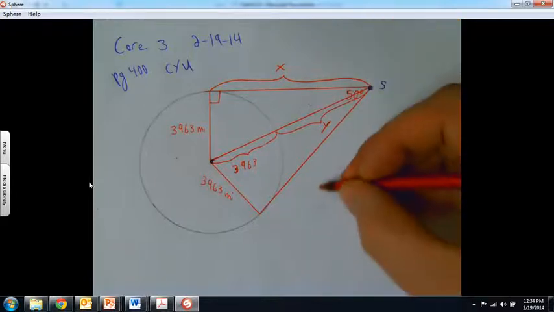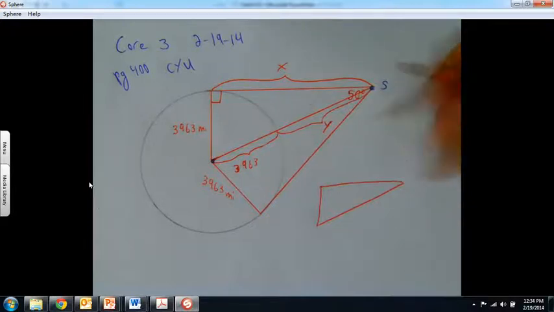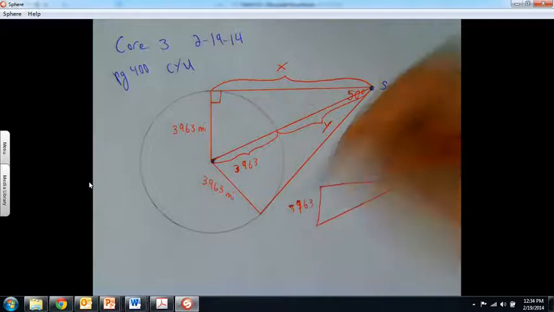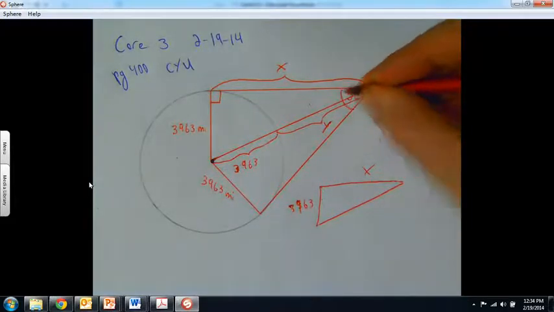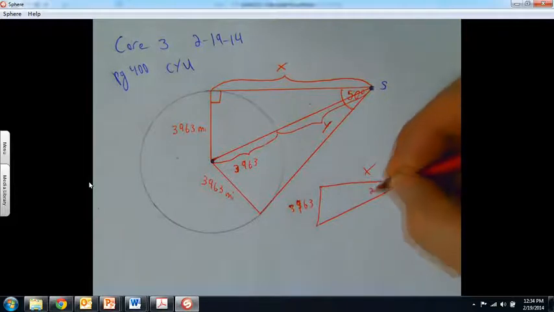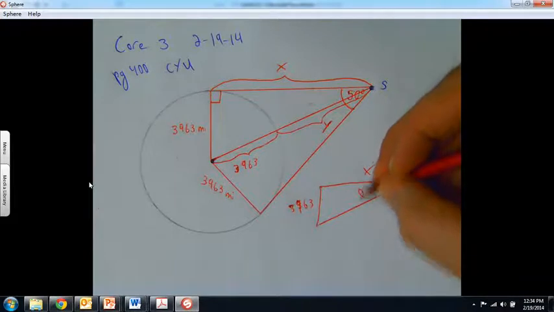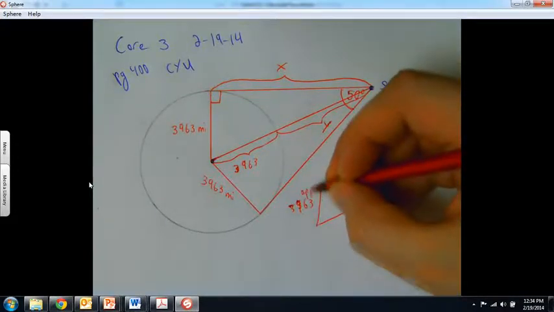First of all, I'm just going to sketch our triangle off to the side. We know that's 3,963. X, and this angle right here is 50, therefore half of it is 25. Now, if I use 25 as my theta for SOHCAHTOA, then I have the opposite and the adjacent.